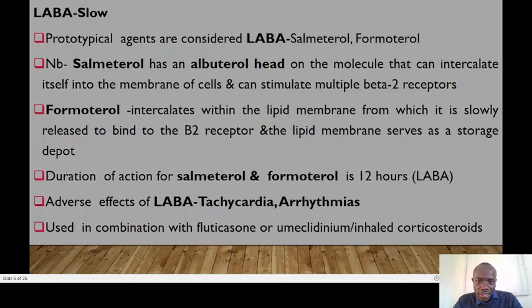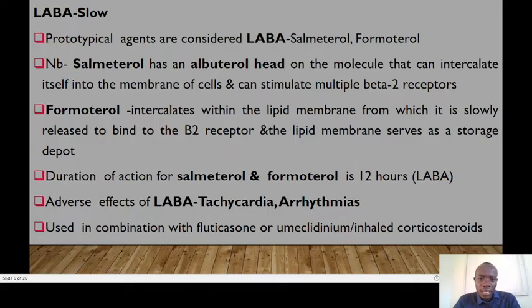Formoterol, on the other hand, intercalates with the lipid membrane from which it is slowly released to bind to beta 2 receptors, and the lipid membrane serves as a storage depot. Okay, so duration of action for salmeterol and formoterol is about 12 hours. So that means they require like 2 dosages in a day.